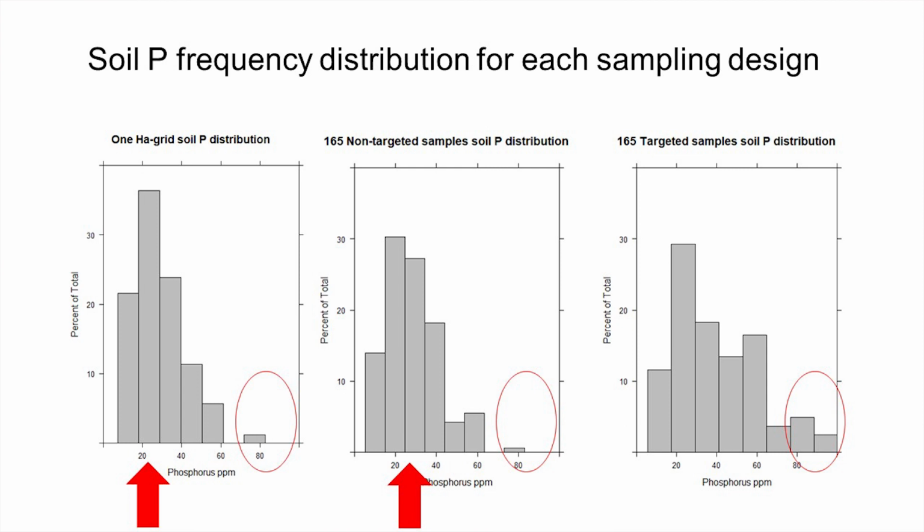So that's, again, 165 samples, including both the grid and the depressions, and now all of a sudden we're seeing those hot spots really light up as present in the sample. Again, they're not necessarily frequent. They're a small proportion of the overall number of samples, but they account for a disproportionate amount of phosphorus in the field.